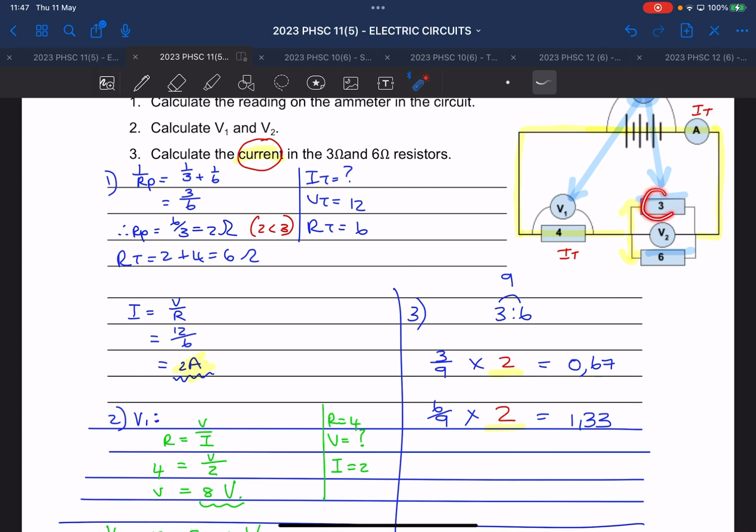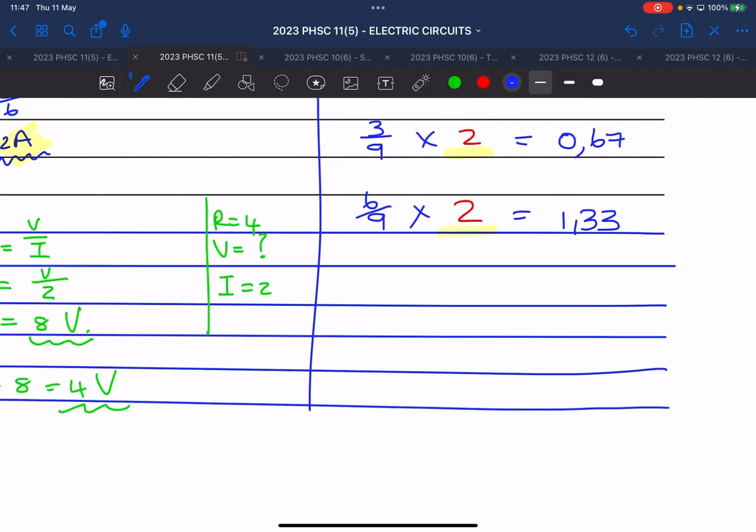So for the 3 ohm resistor, the bigger current will pass through that, not the smallest current. So we need to crisscross. I'm going to say the current through the 3 ohm resistor is 1.33 amperes, and the current through the 6 ohm resistor is 0.67 amperes.